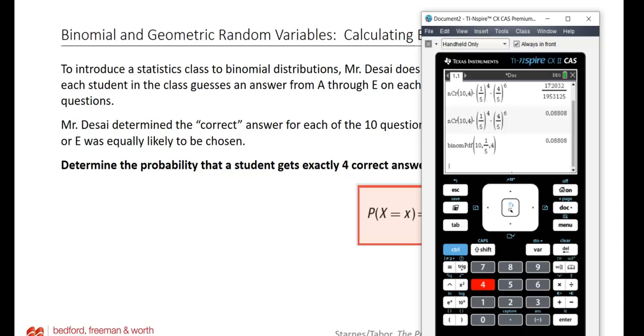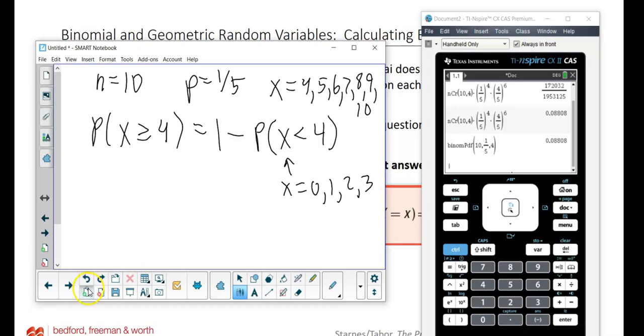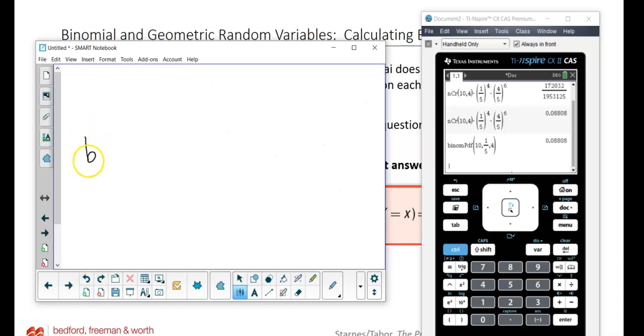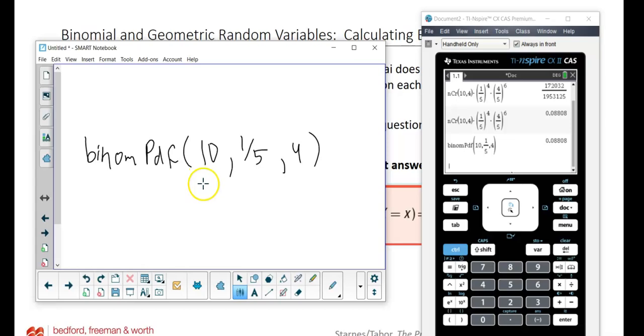If you're writing this out, just like we have in the past, you want to say something like binomial PDF. This is what your work would look like. You might put the numbers 10, 1/5, 4, and I think it would be fine to put either the words, or you could put N, P, and X there.